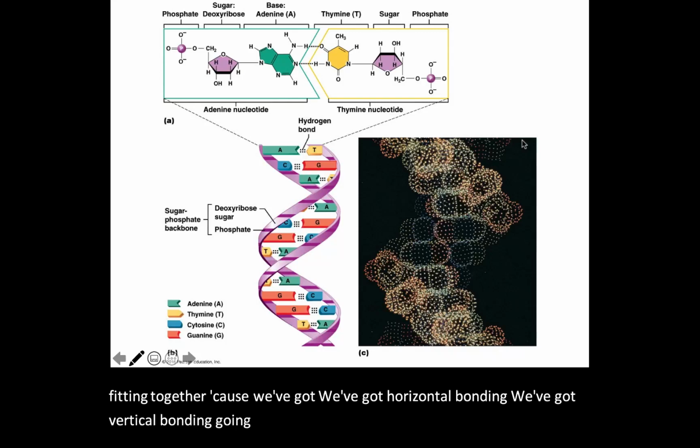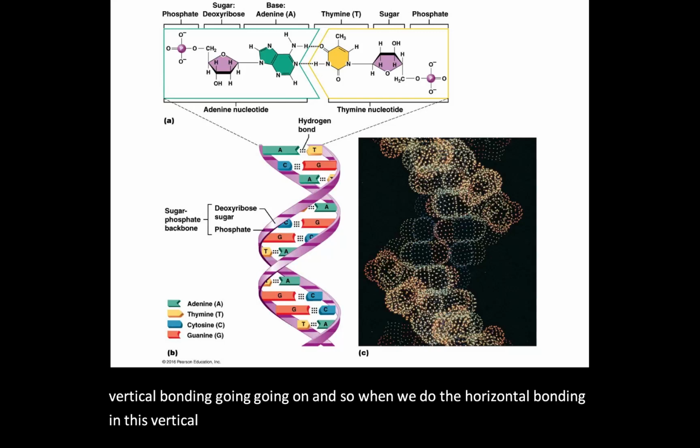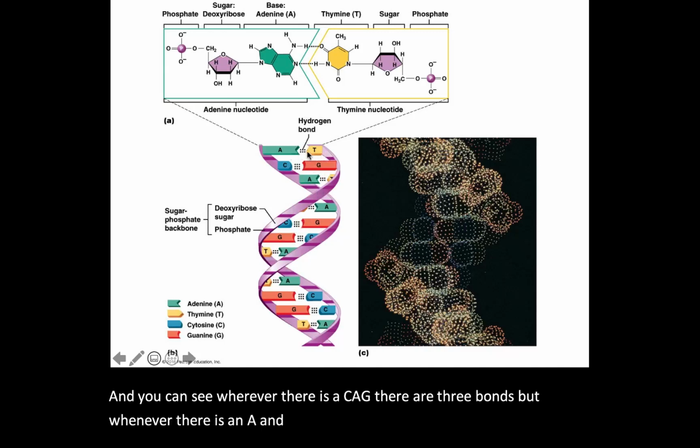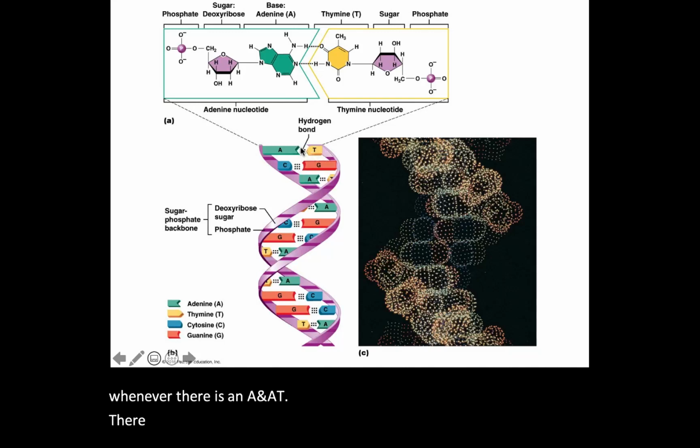And so when we do the horizontal bonding and this vertical bonding, we create what you all characteristically know as being DNA. And you can see wherever there is a C and a G, there are 3 bonds. But whenever there is an A and a T, there are 2 of those hydrogen bonds.